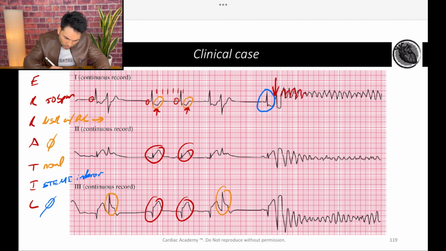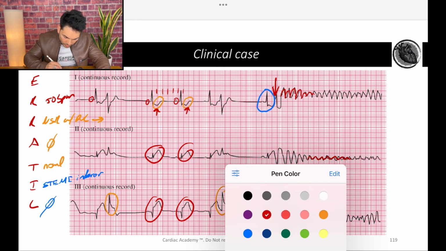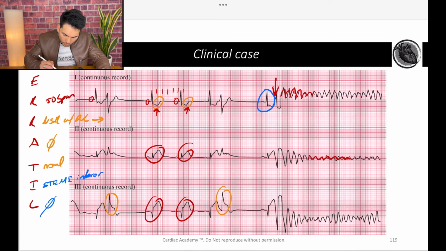But then it starts changing. And we can especially see that here, it turns into V.Fib, okay? And in lead 3, we can even make the argument that it developed torsades. We can see here that switching of the points, right?